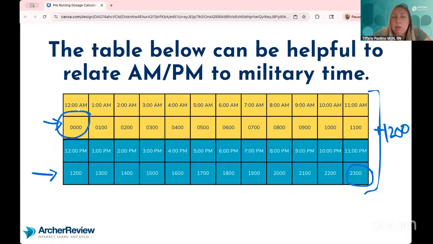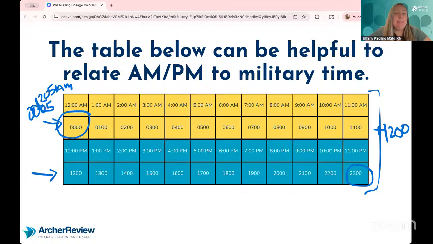In medicine, we call it 0 hundred hours, okay? Because if it's 12:05, let's say, 12:05 a.m., then that would convert to 0005. So we do not use 2400 in our medical military time.